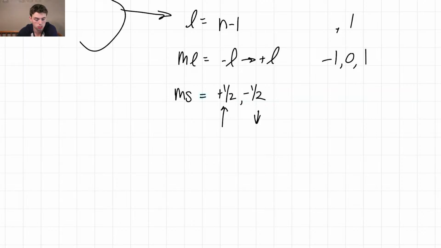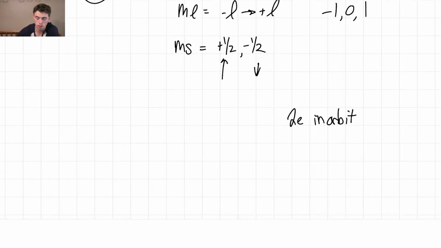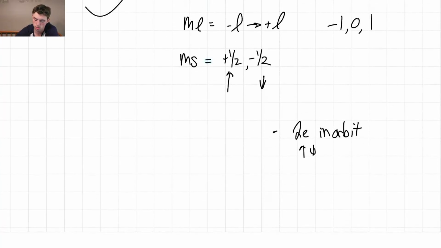The Pauli exclusion principle pretty much says that for two electrons in an orbital, one has to be up, one has to be down. That's all there really is to it. And the Aufbau principle pretty much says fill the lowest orbital before you move up.